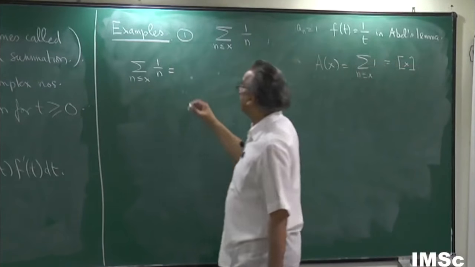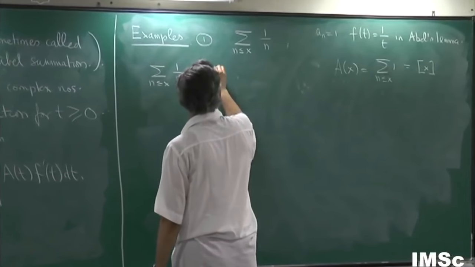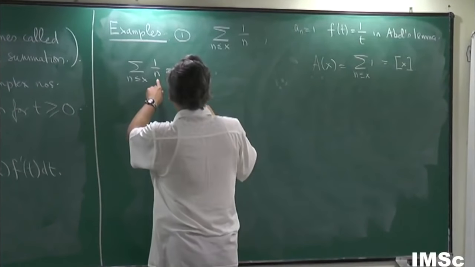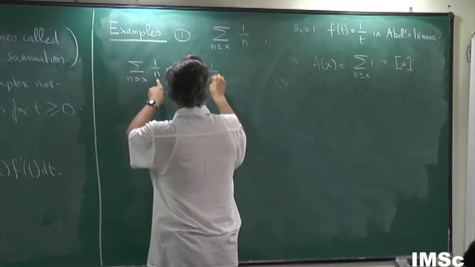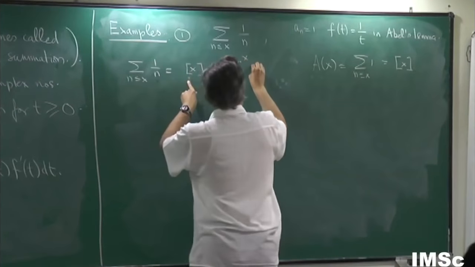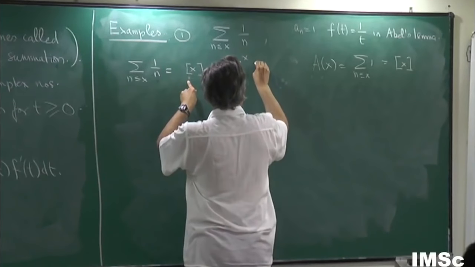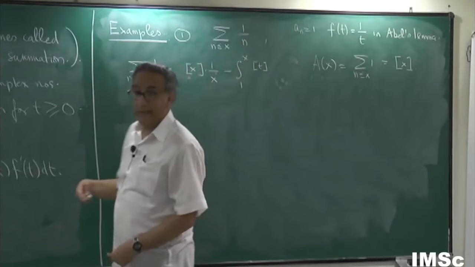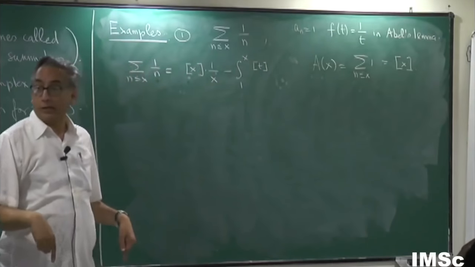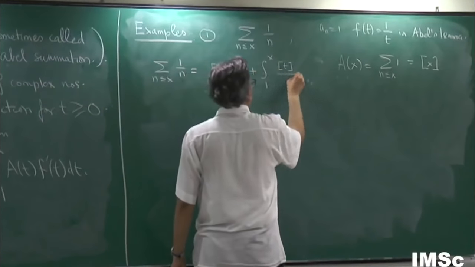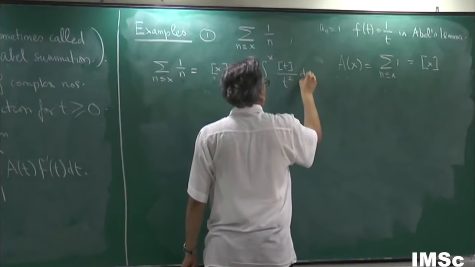So this is a of x, the greatest integer of x, times f of x, which is 1 over x, minus the integral from 1 to x of a of t, the greatest integer of t, times the derivative of 1 over t, which is minus 1 over t squared. So this becomes plus the integral of the greatest integer of t over t squared dt.